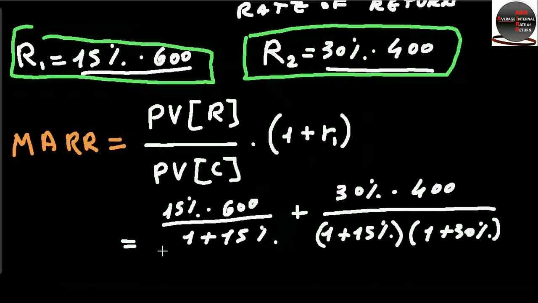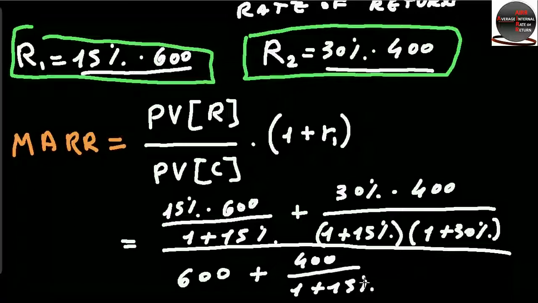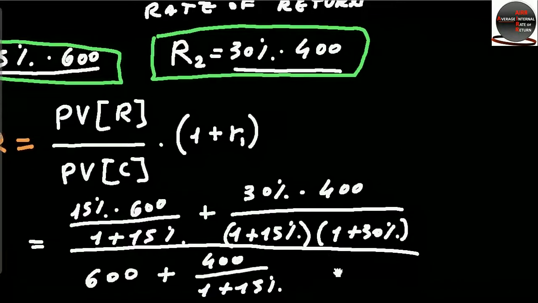This is the total return in present terms. We divide it by the total capital invested, which is 600 plus 400 divided by 1 plus 15%, and we just have to multiply by 1 plus 15%.